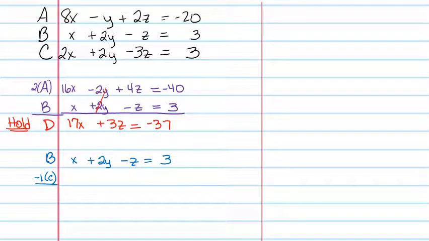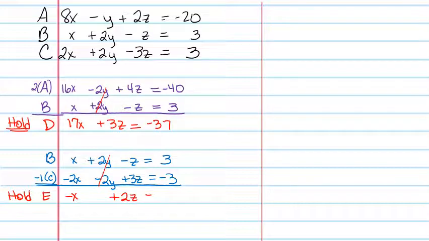So that would give me a negative 2x, a negative 2y, positive 3z, and a negative 3. And when I put these two equations together, I'm going to call it E. And again, this is one of my hold equations. Alright, so let's do that. I'm going to get negative x, the y's eliminate just like we wanted them to, plus 2z is equal to 0.